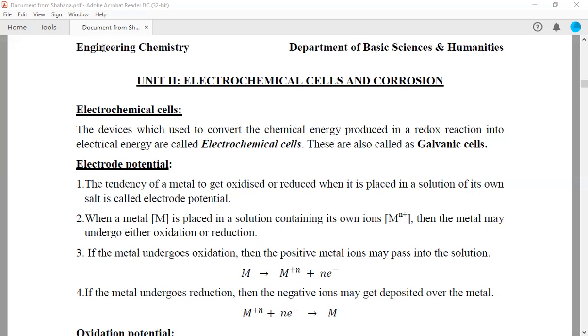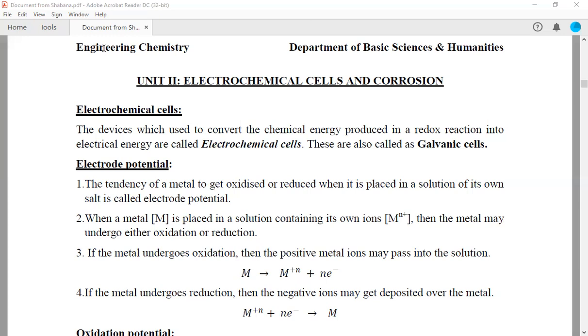The EMF, the electromotive force, of the electrolytic cell is negative, whereas in the galvanic or electrochemical cell, the EMF of the cell is positive. That means a positive value will be obtained in the galvanic cell. So these are the major differences between the electrolytic cell and the electrochemical cell.